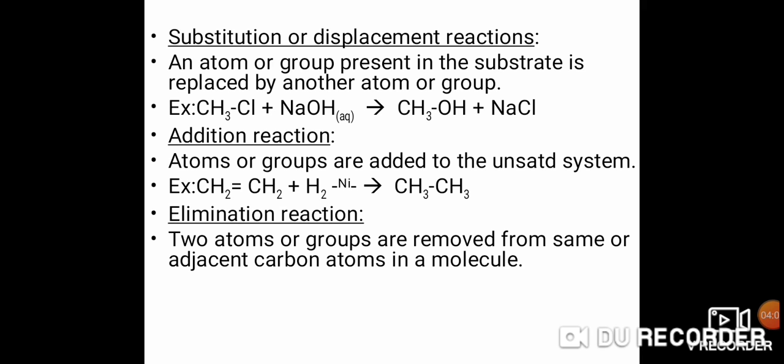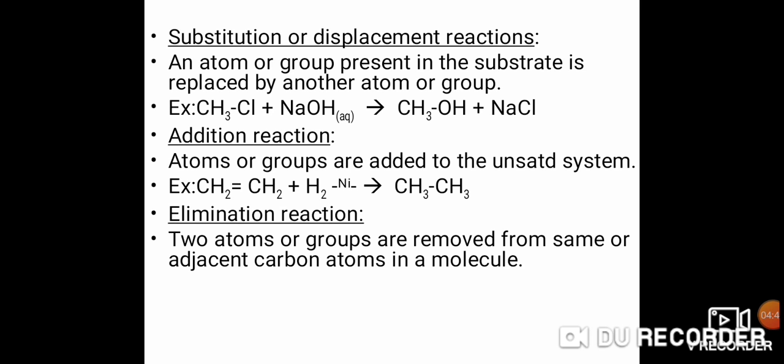In the below example, CH2=CH2, that is ethene, reacts with hydrogen in the presence of a nickel catalyst to form the ethane molecule. CH3-CH3 is ethane, a saturated organic compound. The hydrogen here shares one electron each with each carbon, thereby forming a single covalent bond.